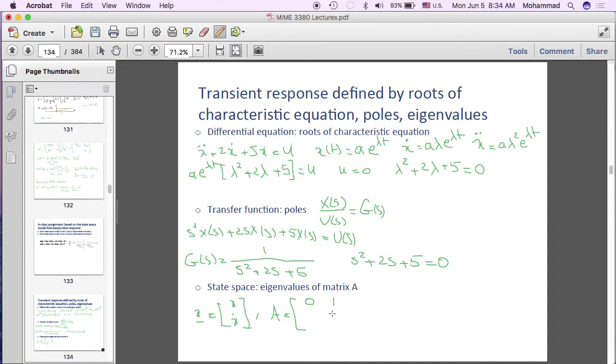And in order to get the second row of the A matrix, what I need to do is to write x double dot in terms of x, x dot and u. So x double dot, if you rewrite it, is going to be minus 5 times x minus 2 times x dot plus u. So can you tell me what the second row of matrix A therefore will be?